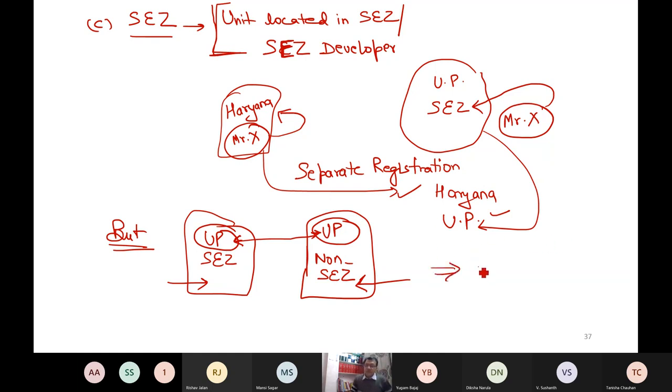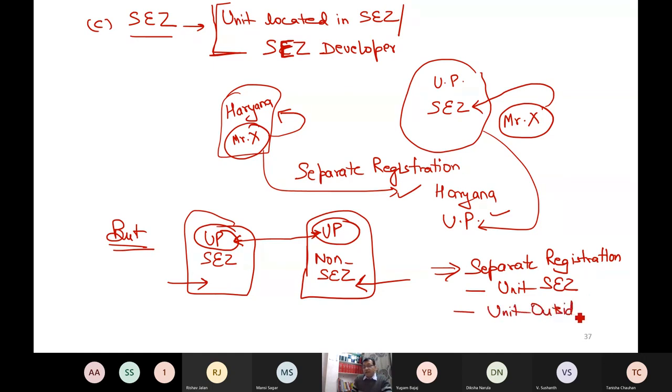In this case also, I need separate registration, one for the unit which is in the special economic zone and another for the unit which is outside it. This example is based on this concept. I hope the point is clear. If yes, then next subsection now.